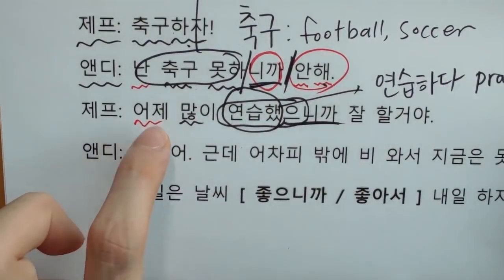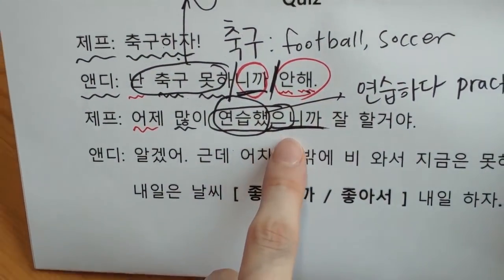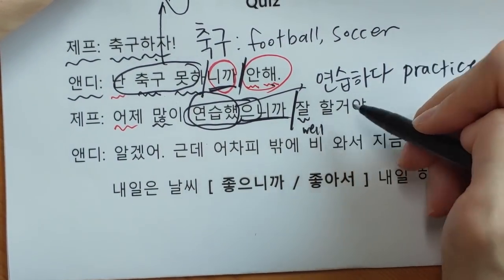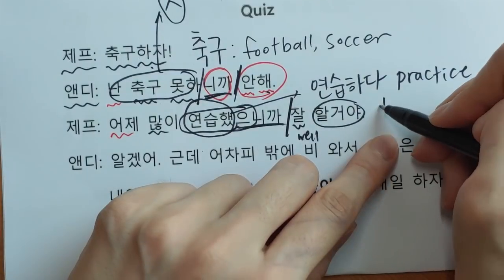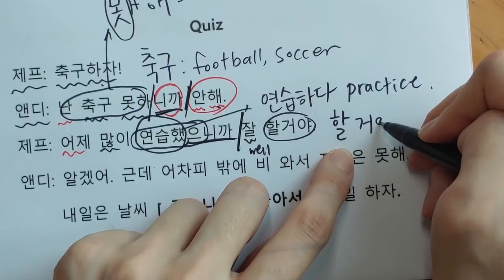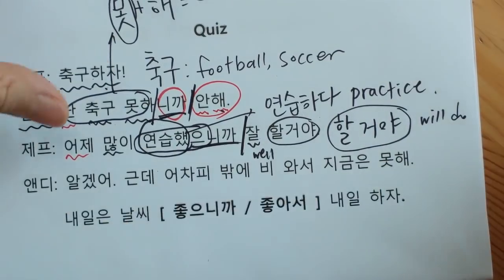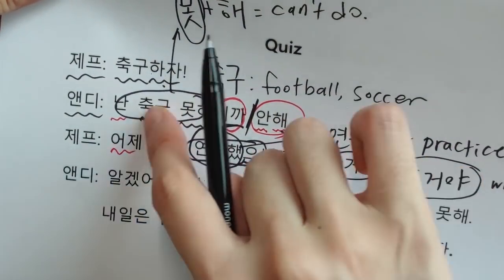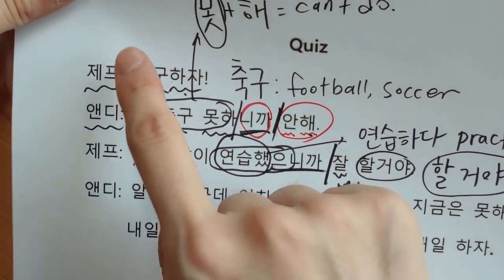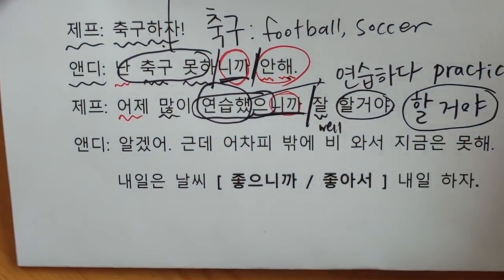Yesterday, you practiced a lot. So, 그러니까 잘 할 거야. 잘 means well. 할 거야 means will do, right? It's a combination of 하 from 하다 and 리을 받침 거야, which is a future form. So you will do well. You practiced a lot yesterday, so you will do well. And this is also the fact that both Andy and Jeff know. Andy having practiced a lot, so here, 니까 is used.